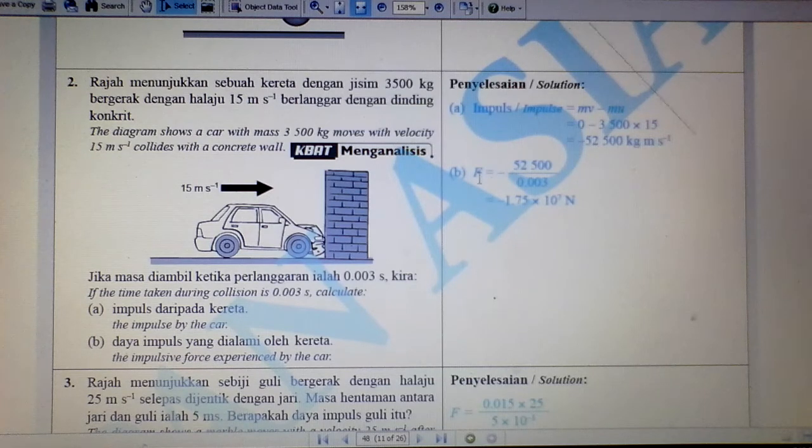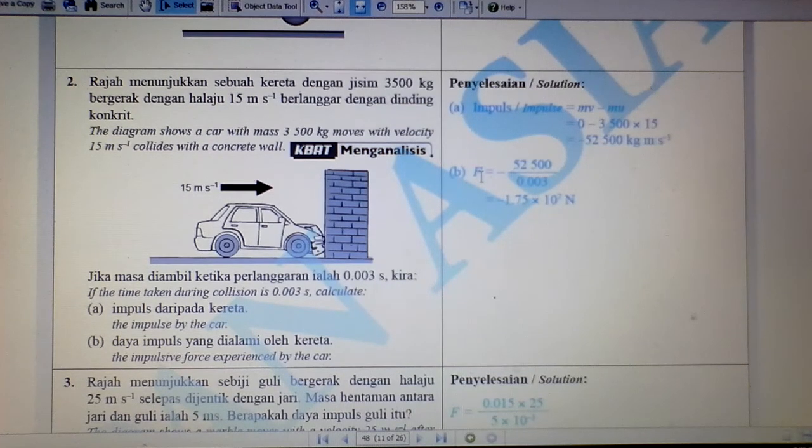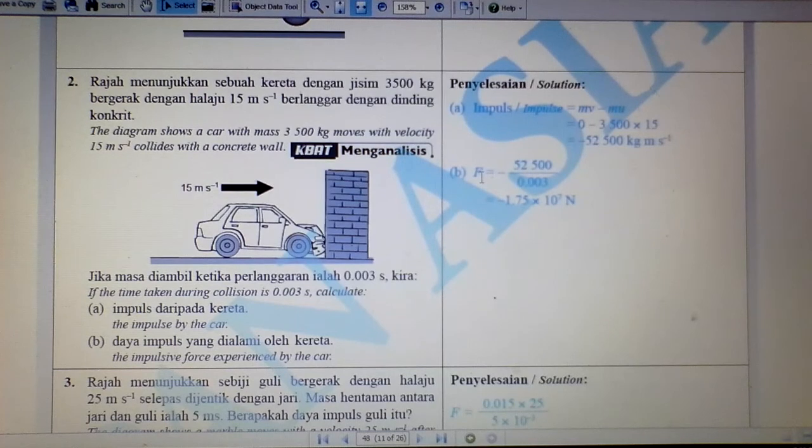Okay, so now we want to calculate the impulsive force experienced by the car. Impulsive force on the car actually is the reaction force. If on the wall is the action force, then on the car is the reaction force. So F equals impulse divided by 0.003.